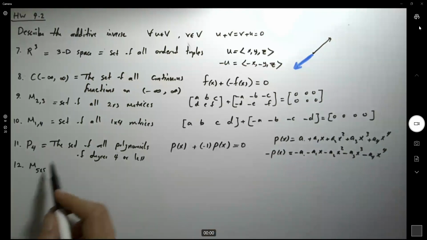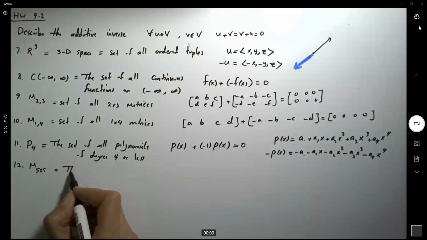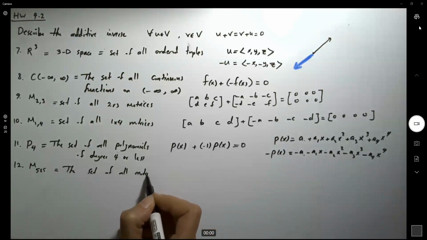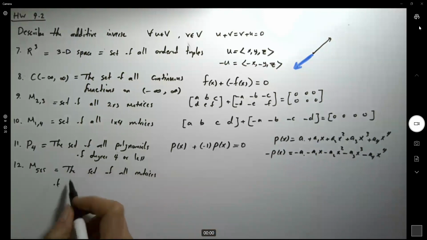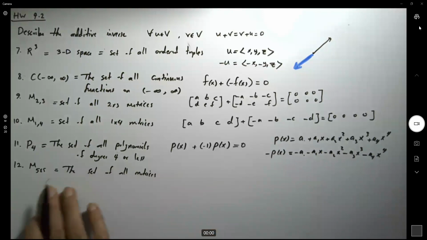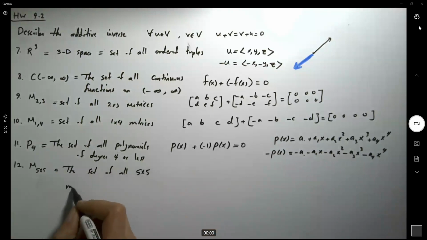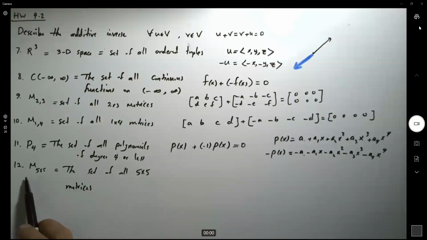And finally, the set of all 5 by 5 matrices with the regular matrix addition and scalar multiplication.